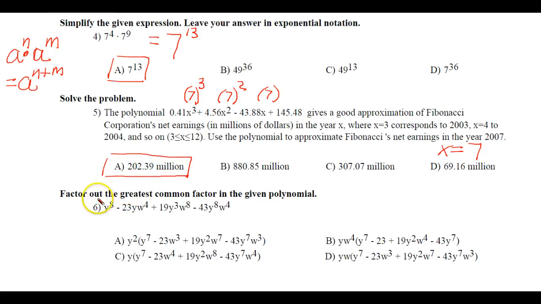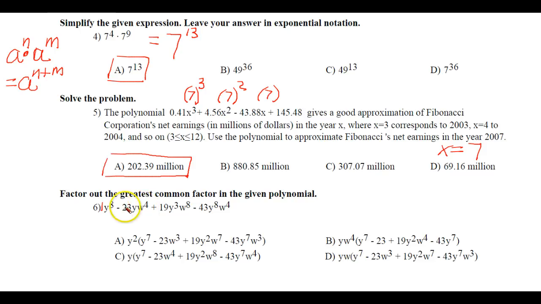Now for number 6, they're asking us to factor out the greatest common factor. So as we look at this, remember the first term has a 1. So since this is a 1, there is no common numerical factor that you can factor out.